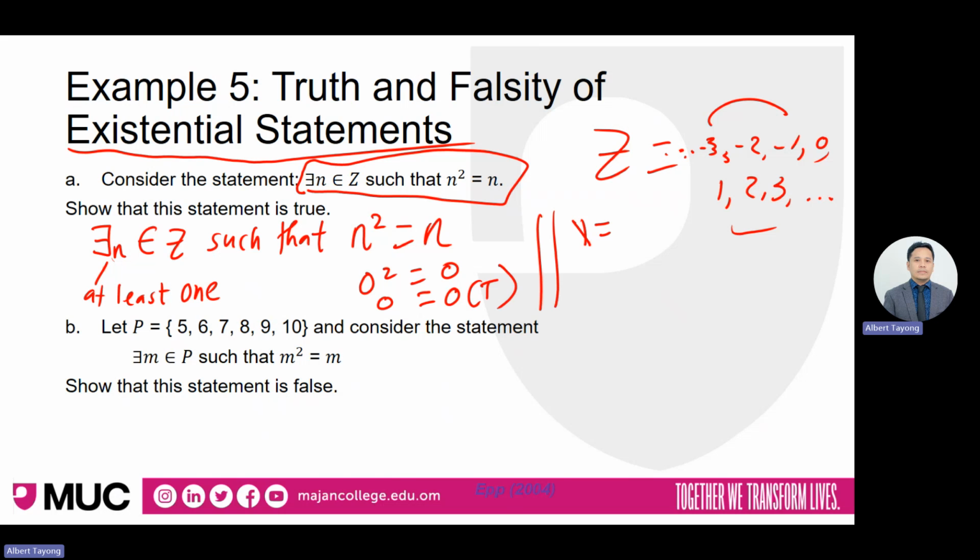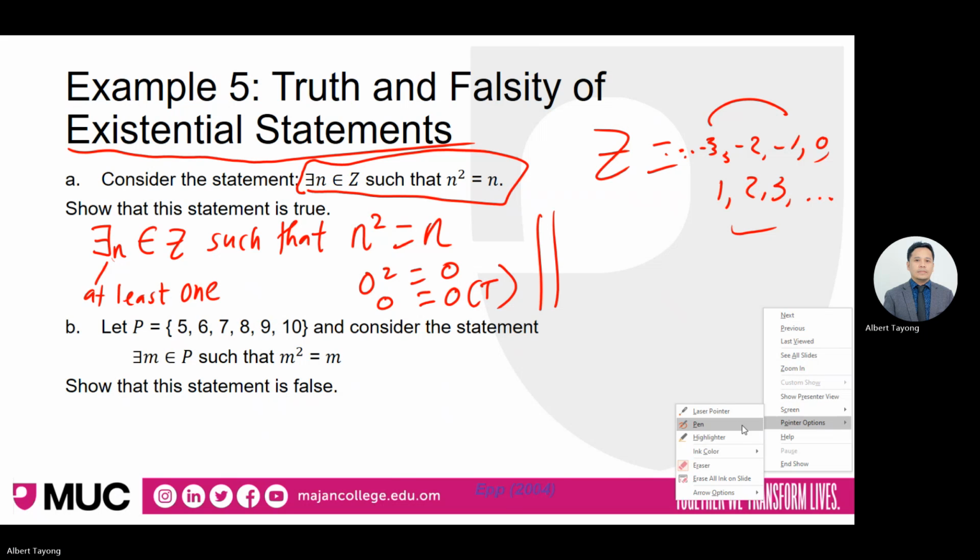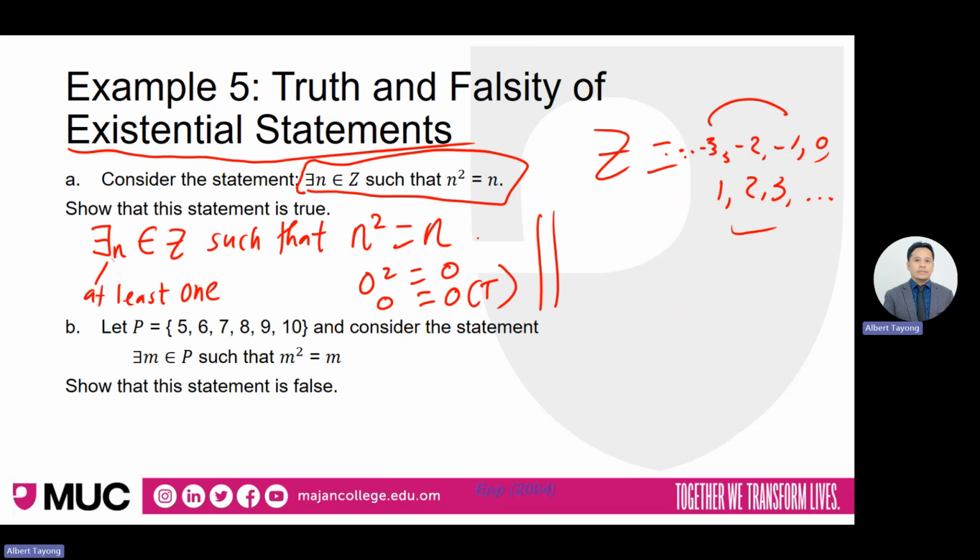X is equal to 1, or n is equal to 1, because we use n here. See here, I tried 0. So here, n equals 0. N equals 1. Integers, here we have 1. So 1 squared equals 1, 1 equals 1, which is also true.